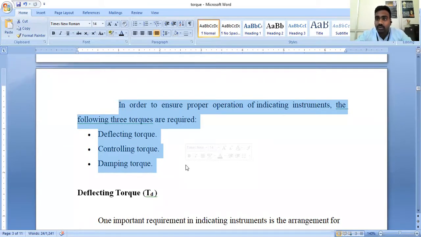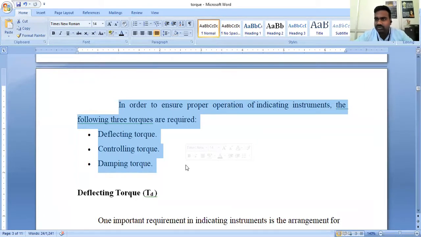So in order to measure a particular instant of current, voltage, or power flowing in the line, we need these three torques: deflecting torque, controlling torque, and damping torque. We will see them one by one and analyze the techniques involved in employing them.